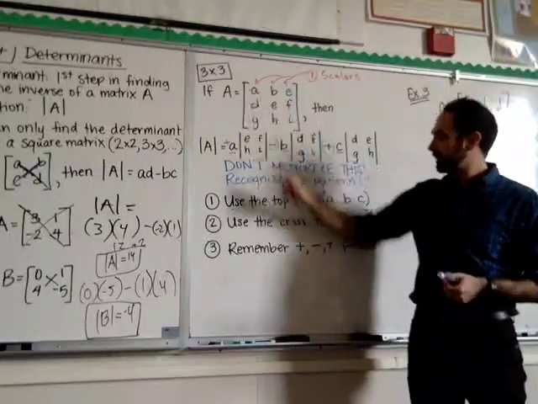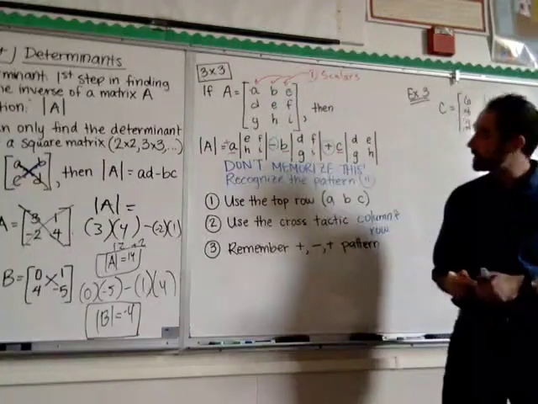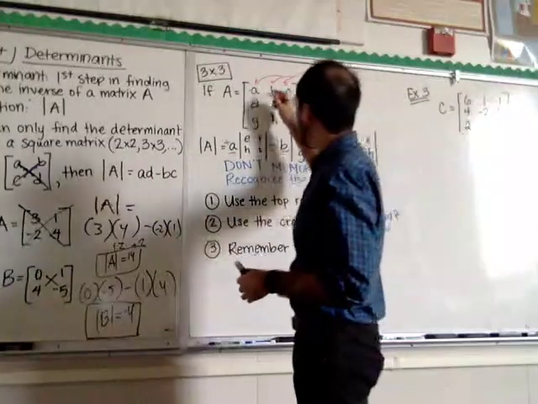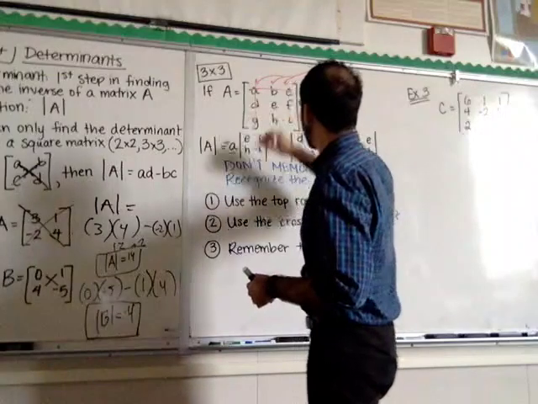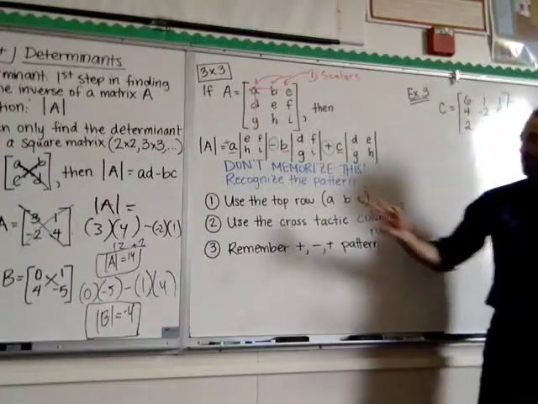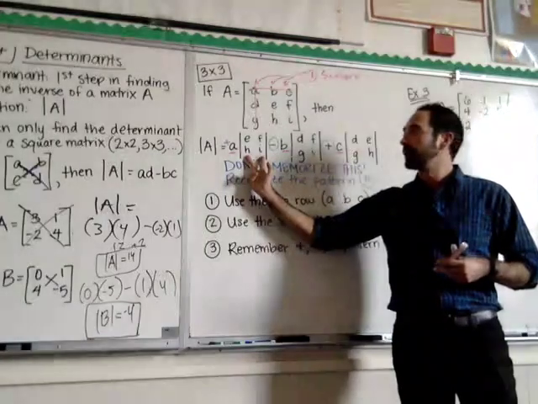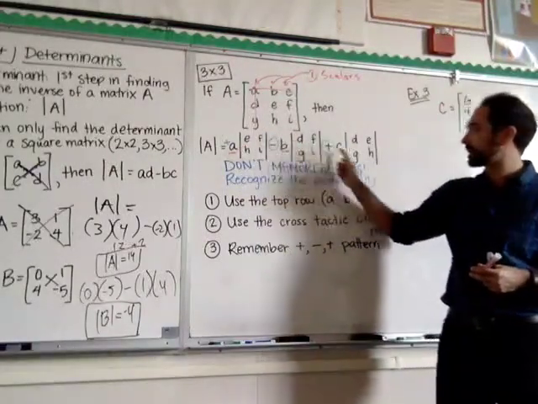A starts with positive. So I look here, it's A. And what I'm going to do here is use my cross tactic to find out what determinant is multiplied by A. So I'm using the top row to know what my scalars are. Those go in front of each determinant.